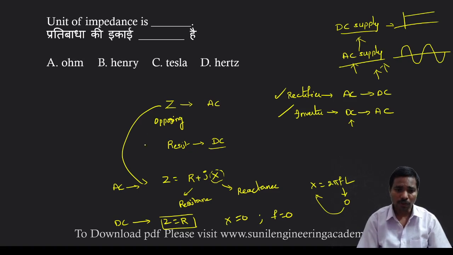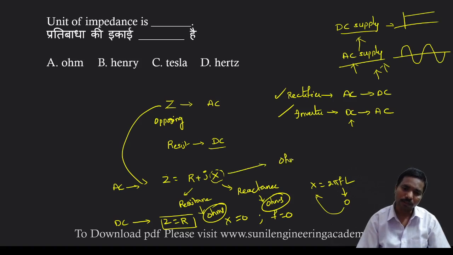So Z is equal to R plus jX, resistance plus reactance. Resistance units are ohms, reactance units are ohms, and impedance units are also ohms.